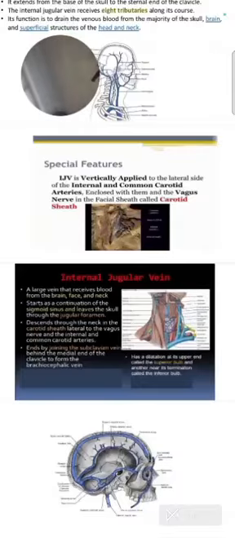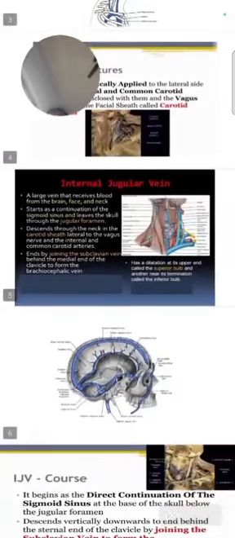So you can see this, it's a large vein that receives blood from the brain, face and neck. It starts as a continuation of the sigmoid sinus and it leaves the skull through the jugular foramen. The jugular foramen is located on either side of the large foramen at the base of the skull, that is the foramen magnum.